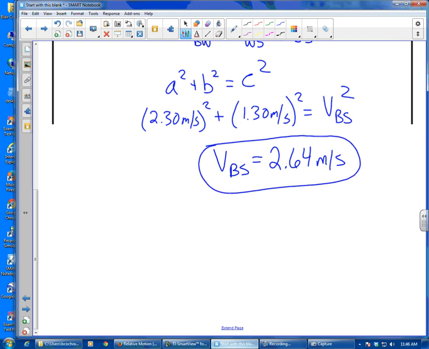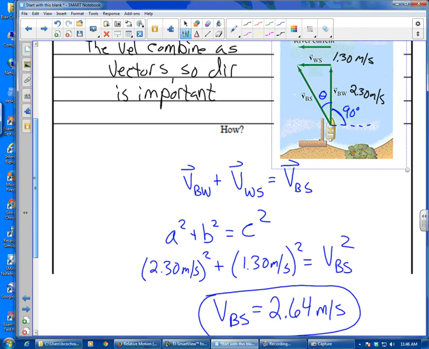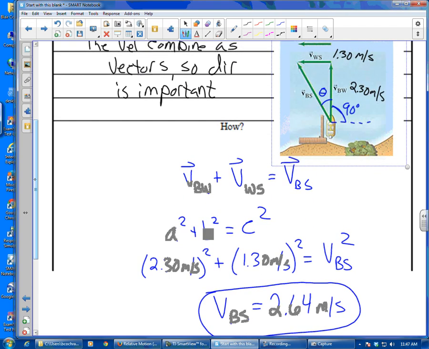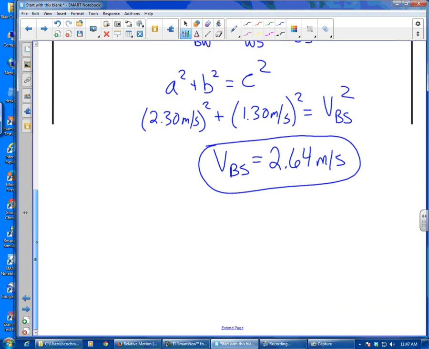Now I need to do my direction. I'm going to look for theta. I know the side opposite theta, that's the 1.30 meters per second. I know the side adjacent to theta, that's 2.30. If I think about SOHCAHTOA, tan of theta, the TOA part, is opposite over adjacent.